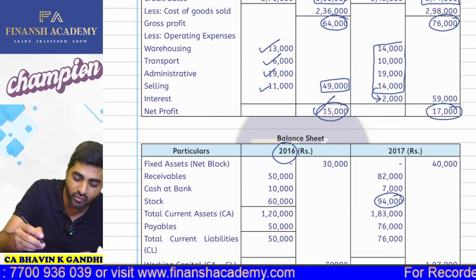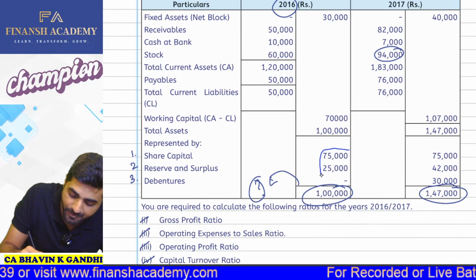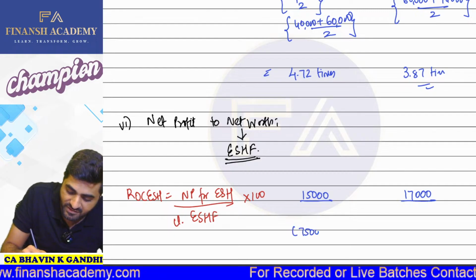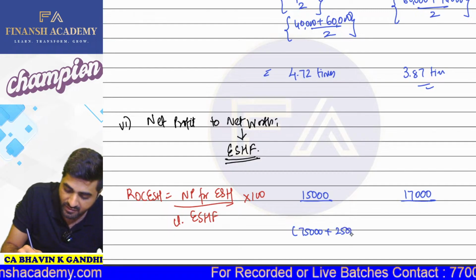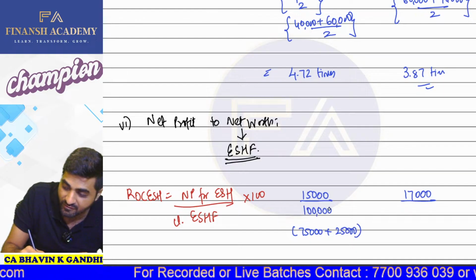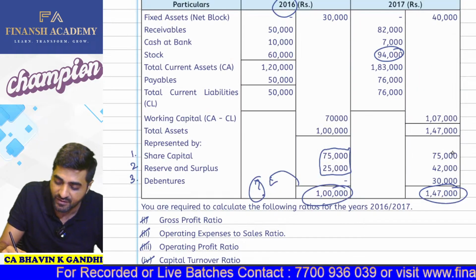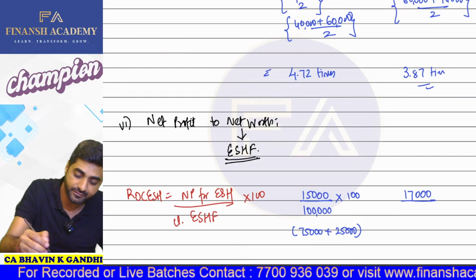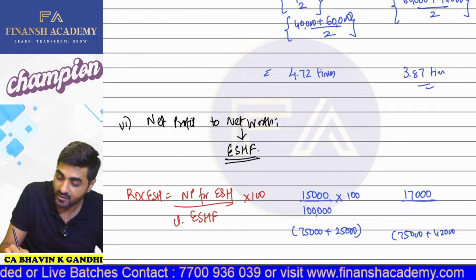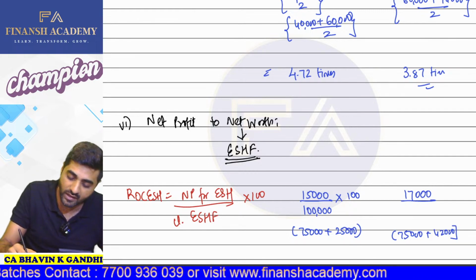And then we have to divide that by closing equity shareholders funds. So that is nothing but share capital plus reserves and surplus. So this will now be 75,000 plus 25,000. There is no miscellaneous expenditure to the extent not written off. So this is going to be divided by 1 lakh into 100. And here, my dear students, we will be taking 75 plus 42, so this will now be 1,17,000.